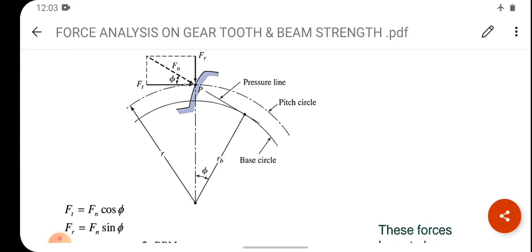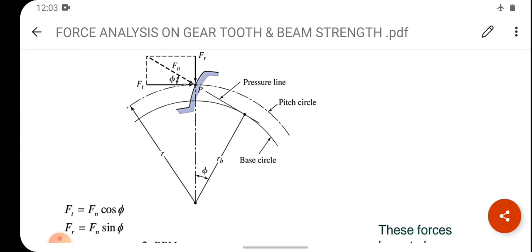So you know that cos theta is equal to B by H. So here in this diagram, considering the lower triangle, Ft is the B, Fn is the H. So you can write cos phi is equal to Ft upon Fn, or you can write Ft is equal to Fn cos phi. So it is clear to you that Ft is equal to Fn cos phi.